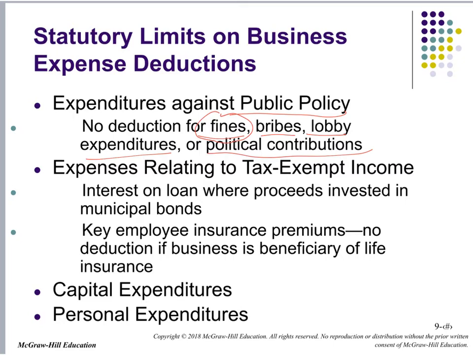Years ago, Domino's used to advertise that they would deliver your pizza in 30 minutes or less. And what happened as a result of that, you had all kinds of pizza drivers driving around like crazy people and getting speeding tickets. And Domino's would reimburse their drivers for speeding tickets, and Domino's tried to deduct all of those speeding tickets as a deductible business expense.